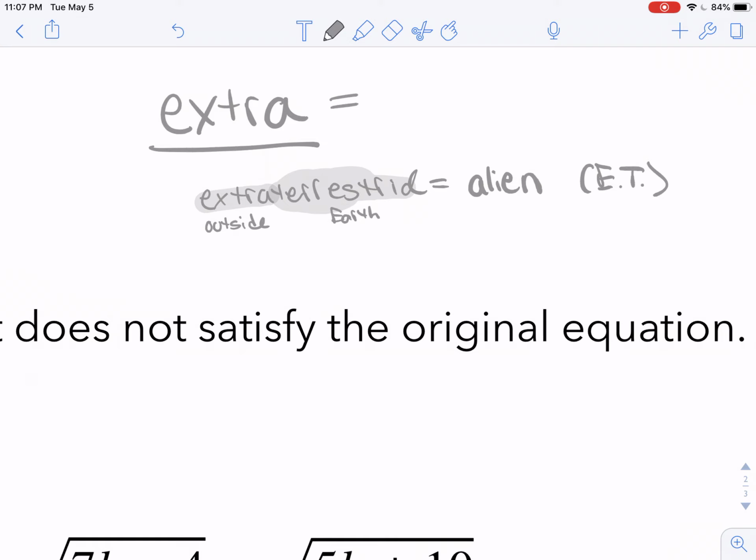Or for my Spanish speakers out there, if you are an extranjero, well, extranjero is another word for a foreigner, which you can also say is an alien, like politically. Haha. You're noticing a theme here? A foreigner, someone from outside the country. Extra means outside.